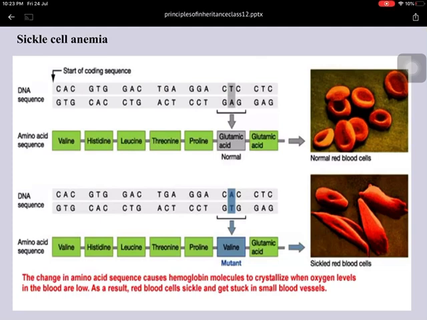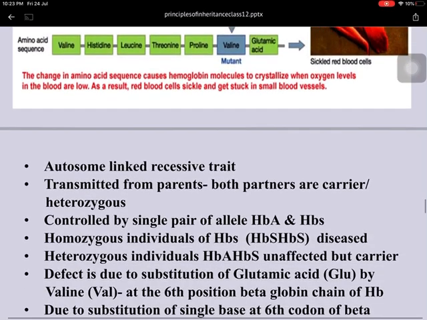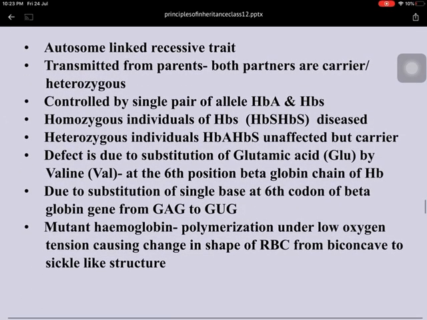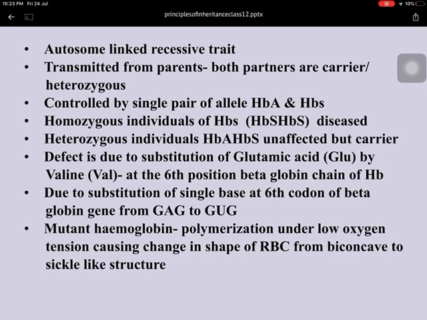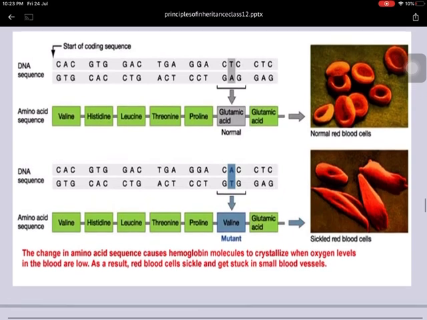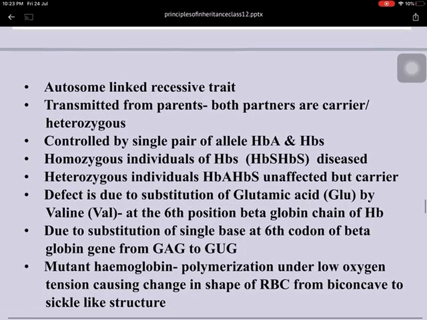So instead of glutamic acid, valine is formed, and that is the mutated gene. So the defect is due to substitution of glutamic acid by valine at the 6th position, the 6th codon of the beta globin gene, from GAG to GUG.